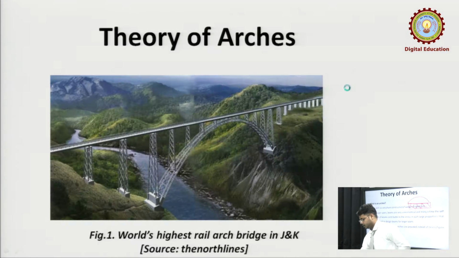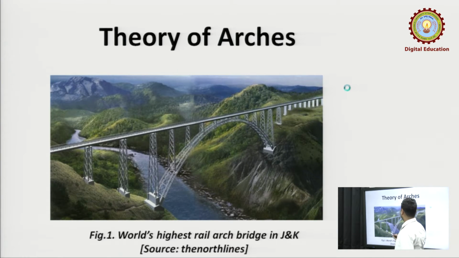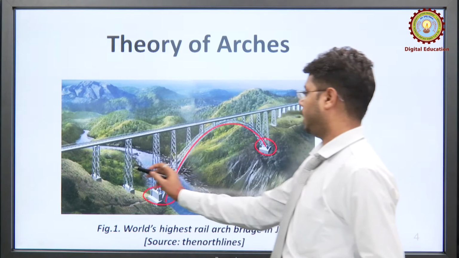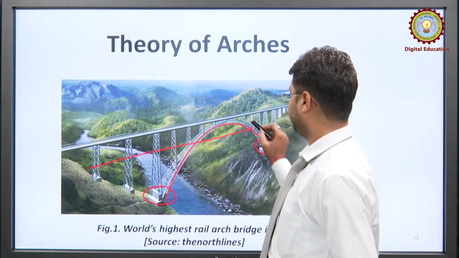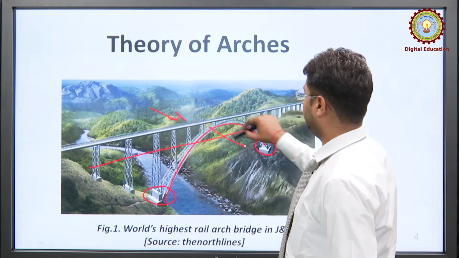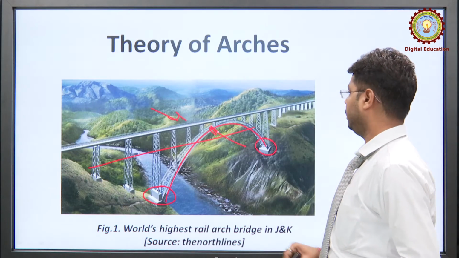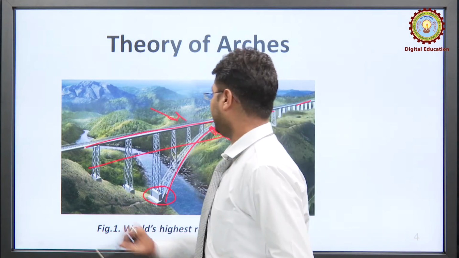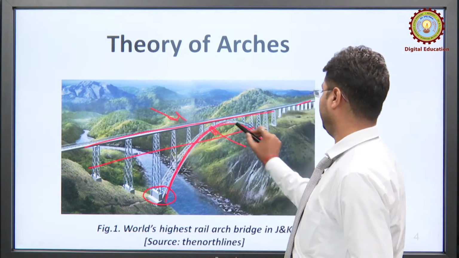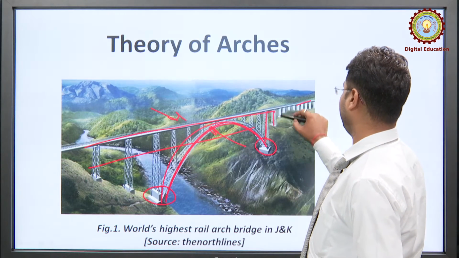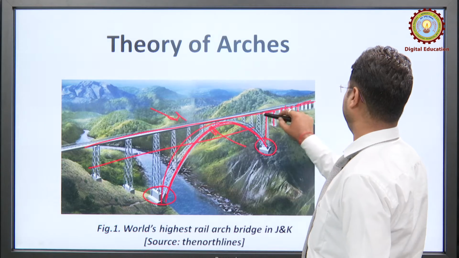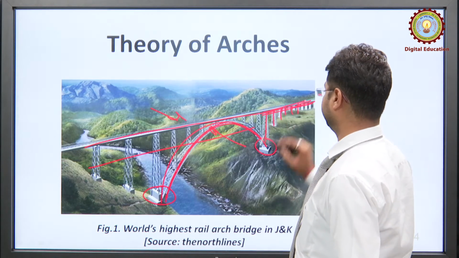For example, this is a picture of a simple arch. You can see that you cannot provide just a simple truss here, because so much wind pressure is coming towards the bridge. Because of that reason we provide an arch here, and after that we can simply provide columns and your bridge slab.